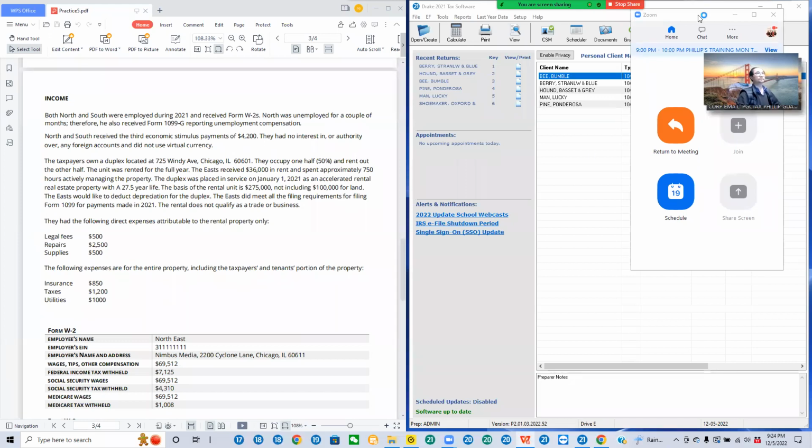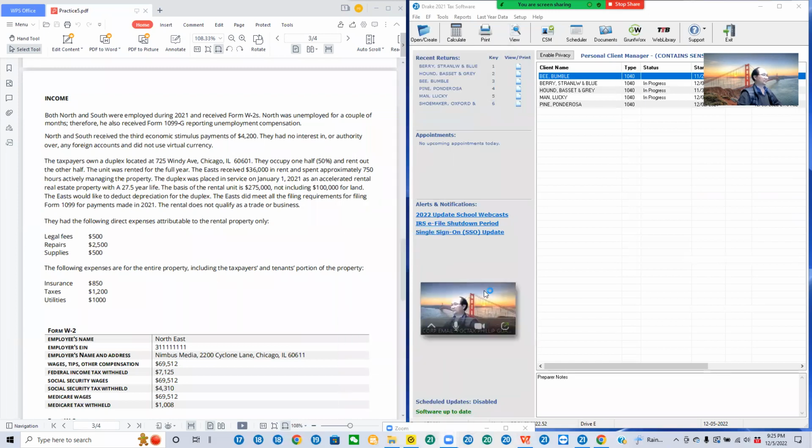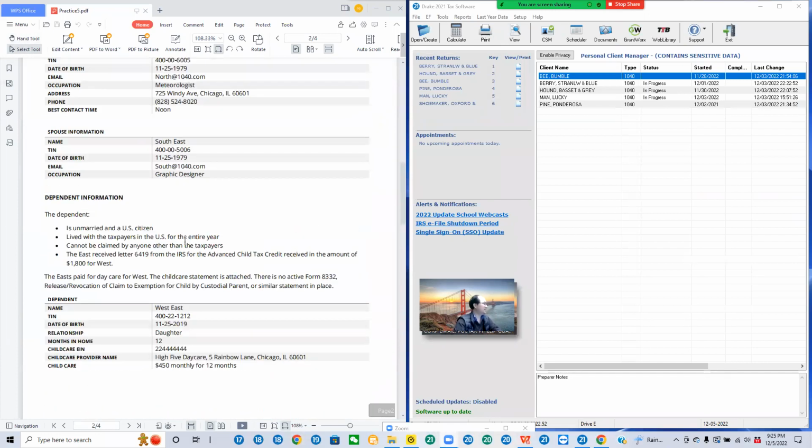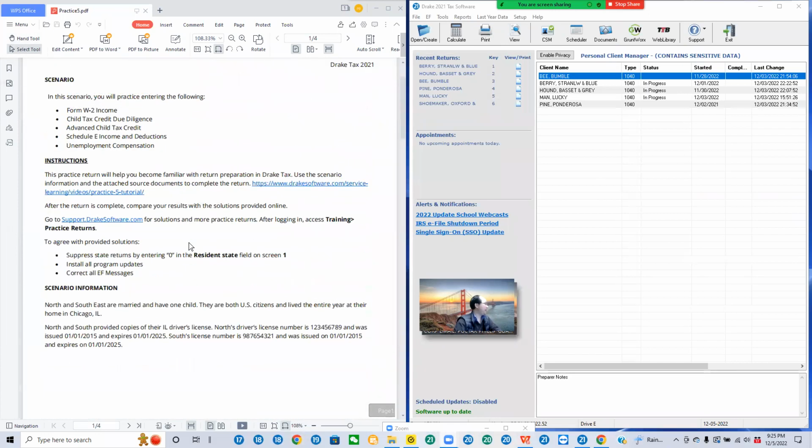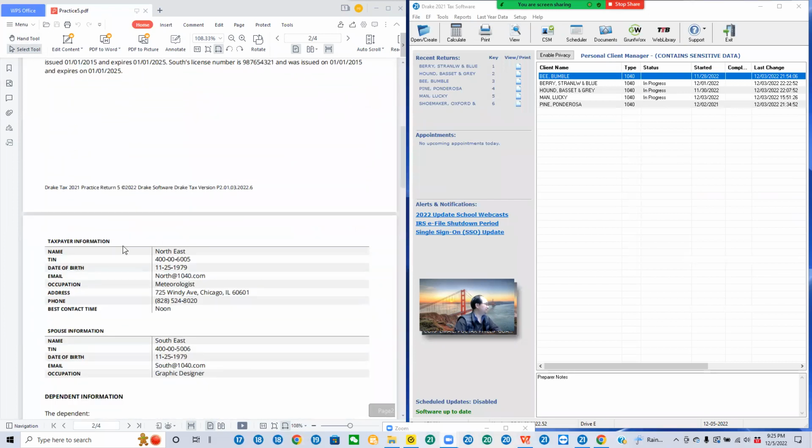I am right in the middle, so you see my face right there. Now we have this client, and the taxpayer is called Northeast, and the social is 400006005. So now we're going to start all over from here. Let's say open.